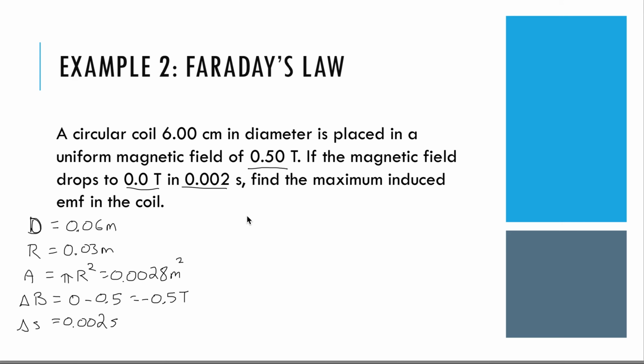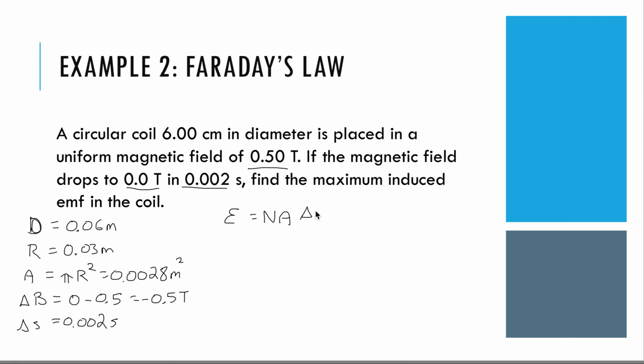So let's go ahead and write Faraday's law. Since we're only changing the field, we can write it as follows: the number of loops times A, the area, times how fast that field is changing. How many loops do we have? It just says a circular coil, so N is equal to 1.